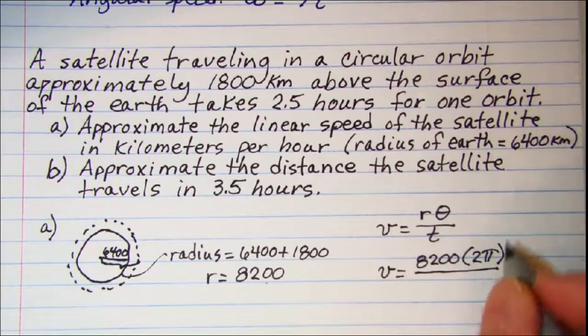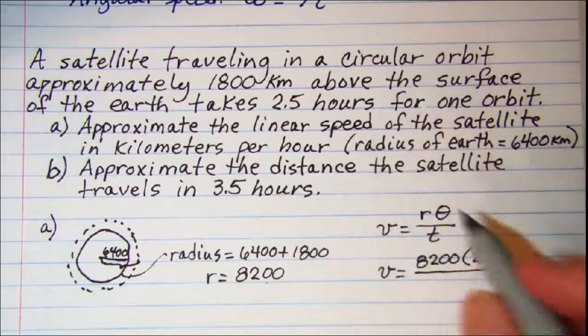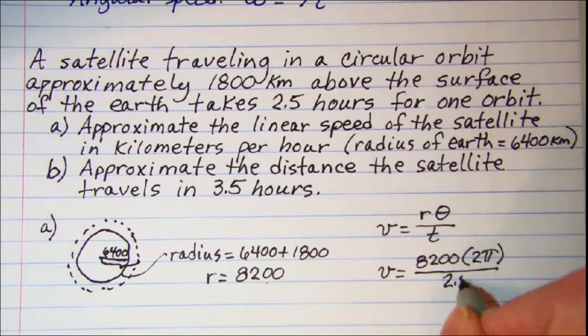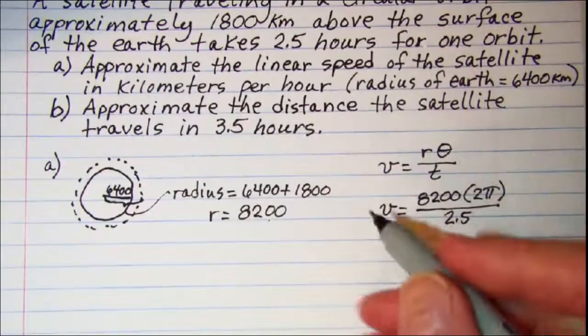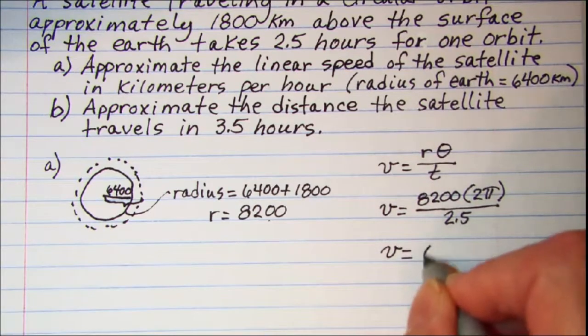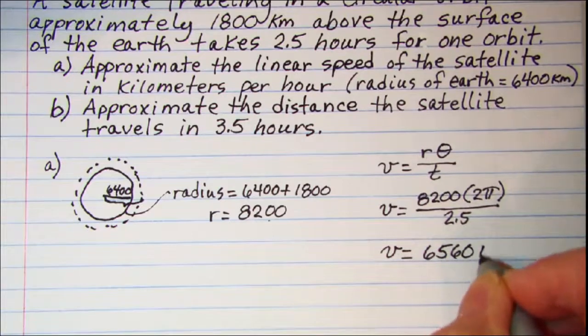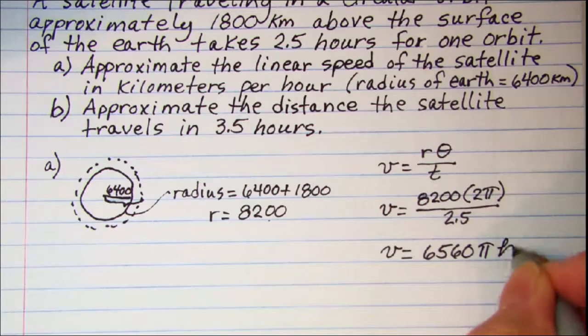And then our unit of time is 2.5 hours. This gives us a velocity of 6,560 pi kilometers per hour.